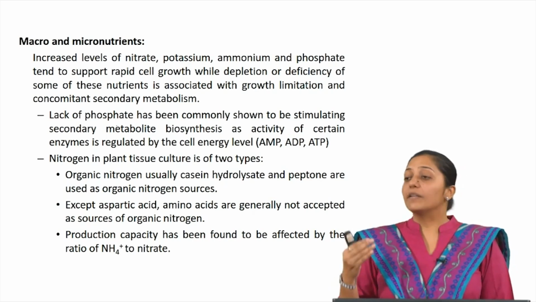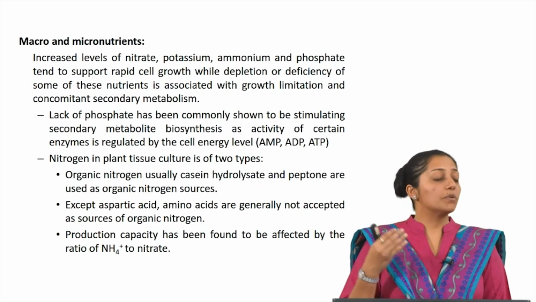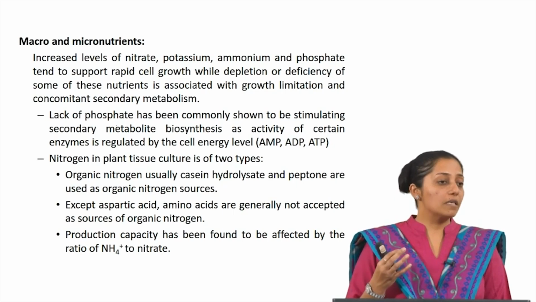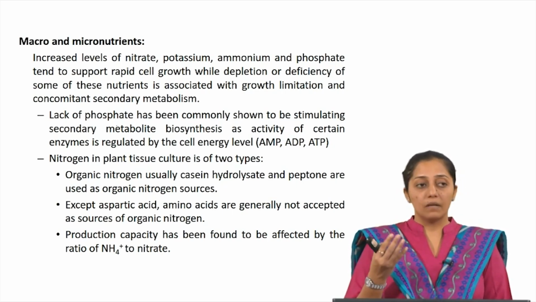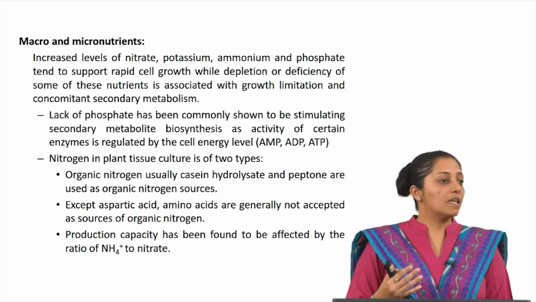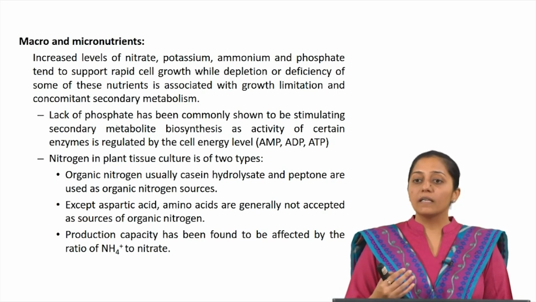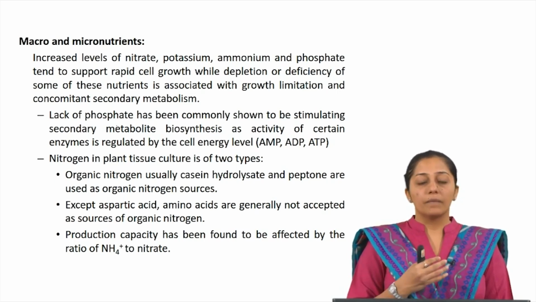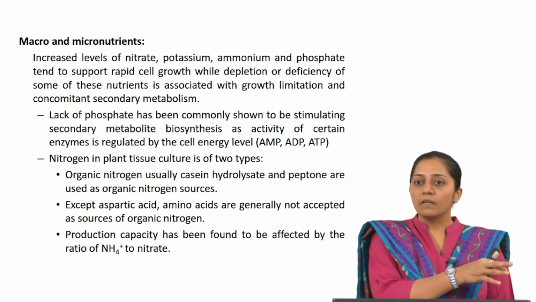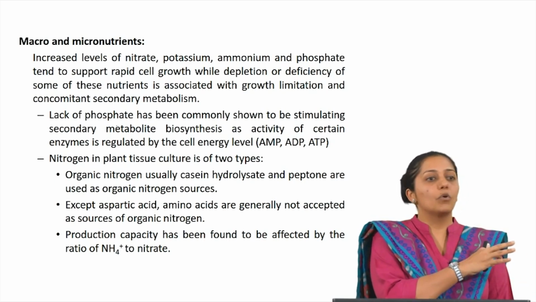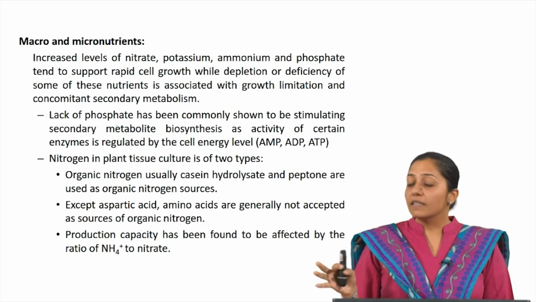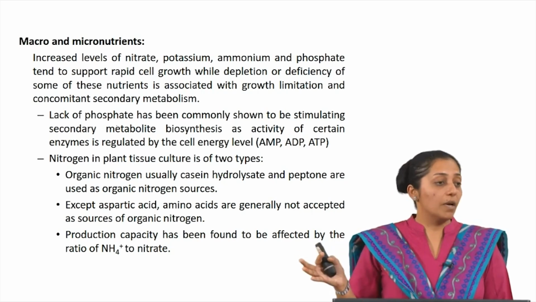Then the nitrate to ammonium ratio, or ammonium to nitrate ratio, is found to be crucial in plant cells. If you remember, I gave you an example of in vitro cells, for example, azadirachtin production. If you see the literature, when it was done using Azadirachta indica plant cells, it was observed that when the ammonium to nitrate ratio was minimized, even completely taking away ammonium as nitrogen source and only providing nitrate as nitrogen source, it could enhance azadirachtin biosynthesis.